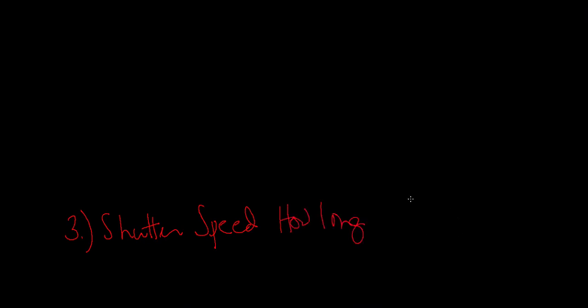And the last camera control that we use when taking a picture is the shutter speed. And again, the shutter speed is simply how long the light gets to hit the sensor.